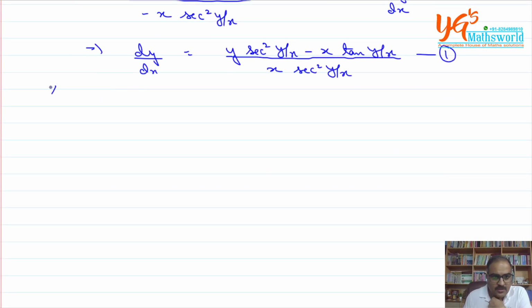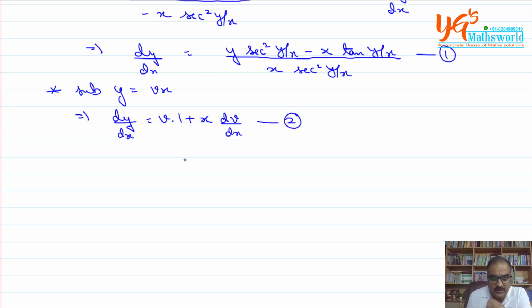Now as per the condition of homogeneous, I need to substitute y is equal to vx such that dy by dx is equal to v into 1 plus x dv by dx. That's equation number 2.